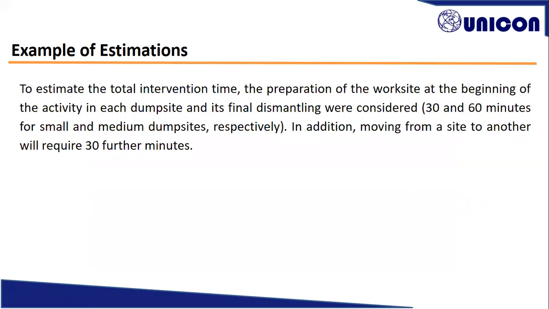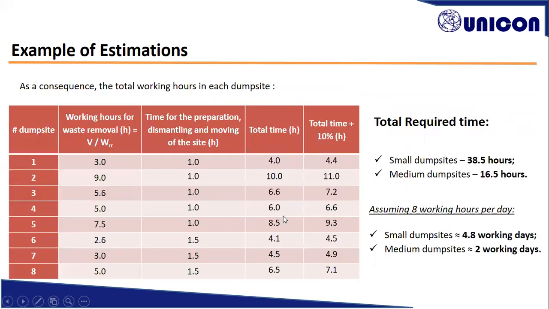To estimate the total intervention time, also the preparation of the work site at the beginning of the activity in each dump site and its final dismantling were considered, 30 and 60 minutes for small and medium dump site respectively. In addition, moving from a site to another will require 30 further minutes. As a consequence, the total working hours in each dump site is shown in this table.